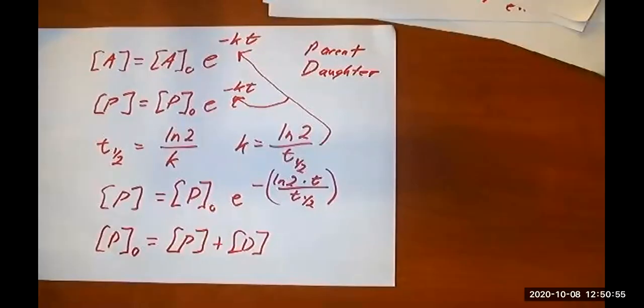Question: will I tell you if a problem is elementary or multiple step, or is there a way to tell by looking at it? There are a couple of different ways to answer that. In many cases, yes, I would tell you which it is.